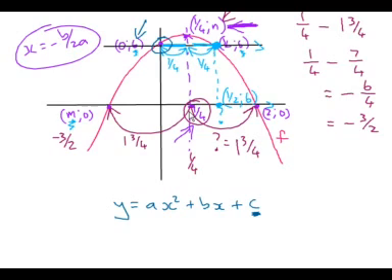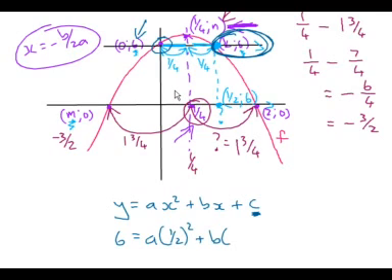And we have a zillion points that we could use, but let's use that point there since it's not on any of the axes. So we could say the value for y, 6, is equal to a, the value for x that we use there is a half, squared, plus b times a half for x, plus 6.